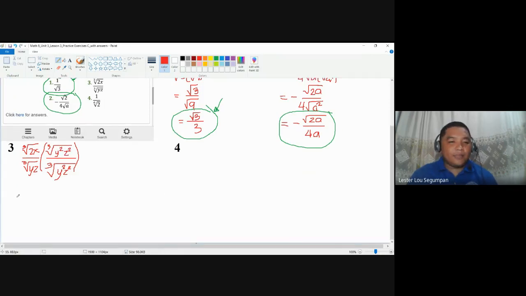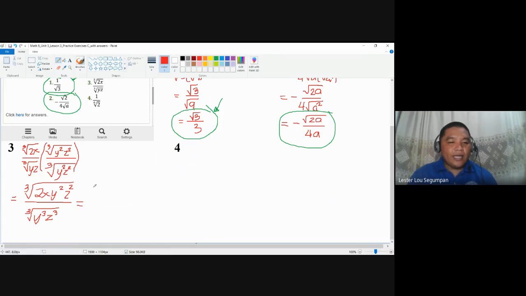And then let's proceed. So you have the cube root of 2x, y squared, z squared. We can simply multiply them because they have the same indices, all over the cube root of y cubed and then z cubed. And then we can now simplify the denominator.